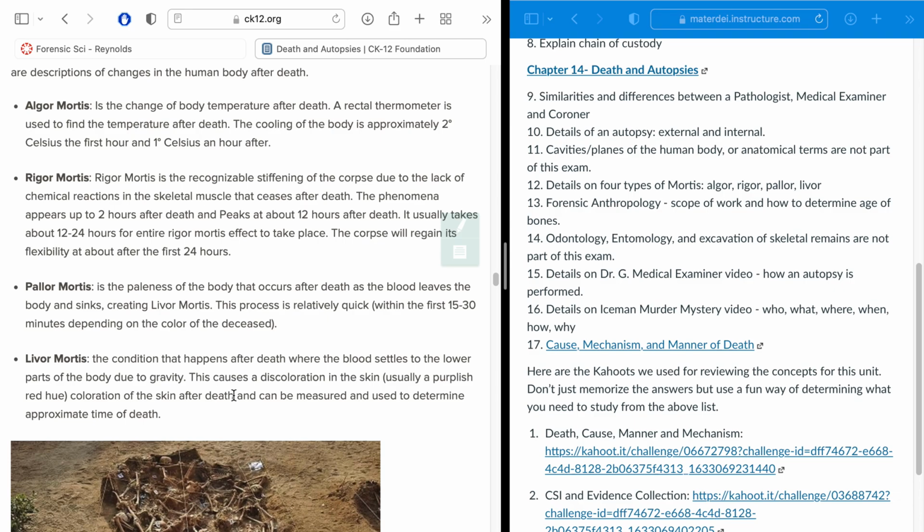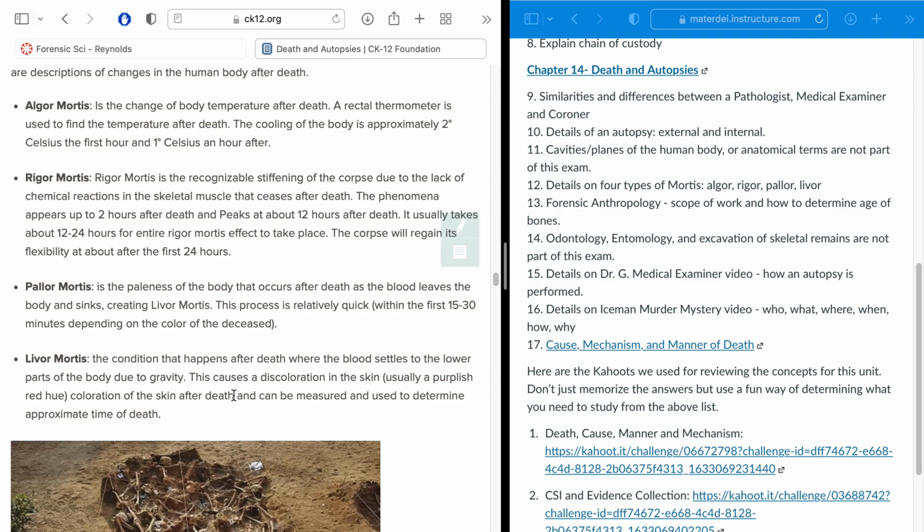And this last one here, Livor Mortis. Again, when the heart stops, the blood settles to the lowest part in gravity, and it will discolor the skin. Where pallor mortis was real white, where all the blood pools, it's all red. And that red color stays there.